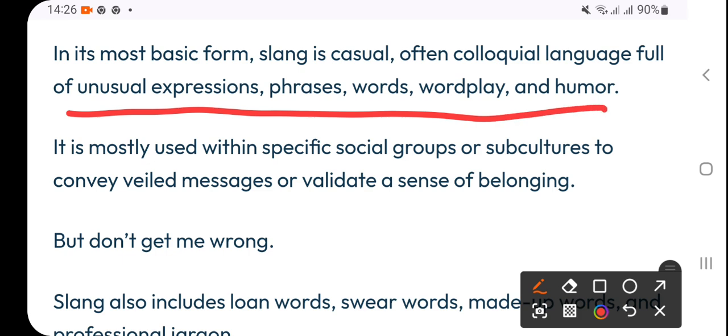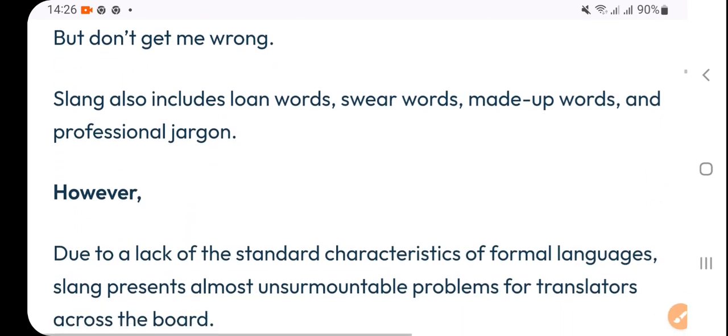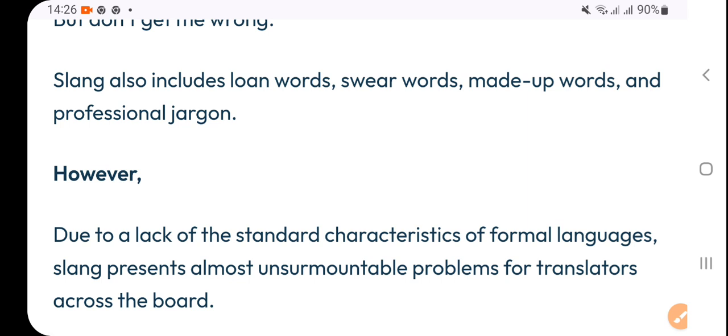And it is mostly used within specific social groups, right? That is decided by social groups or subcultures to convey veiled messages or validate a sense of belonging. But don't get me wrong, slang also includes loan words, swear words, made up words, right?